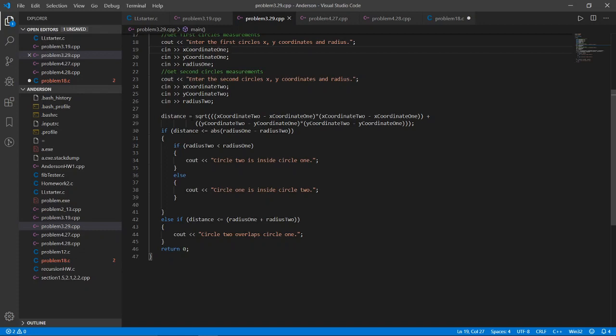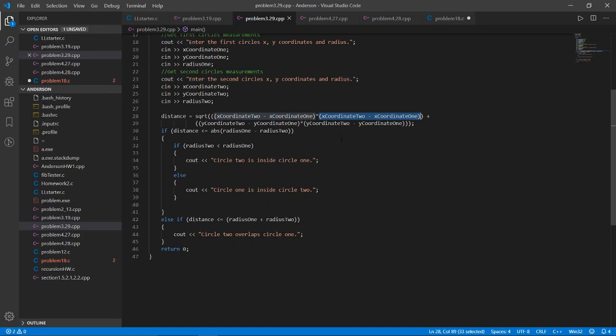I didn't use the pow function. It can be very slow at times or cause problems, and especially when it's only squared, it's just easier to multiply the two together. So it did wind up with a lot of parentheses, but nonetheless it works. So x coordinate 2 minus x1, and then it needs to be squared, so I have x coordinate 2 minus x coordinate 1.